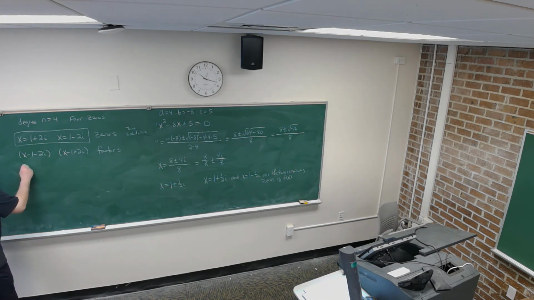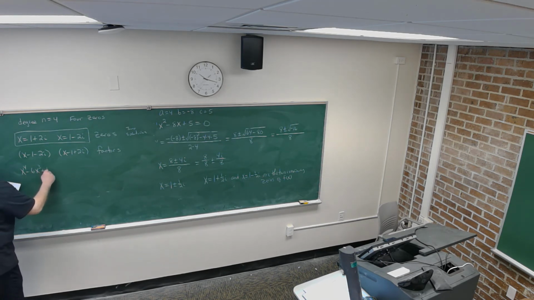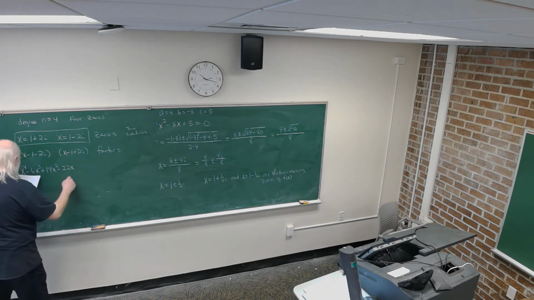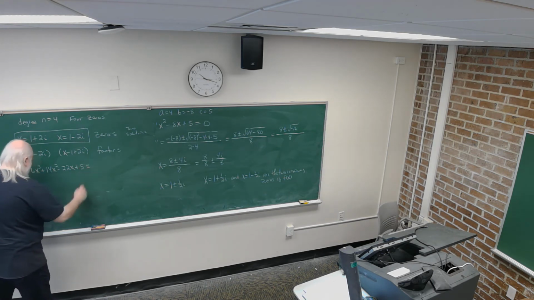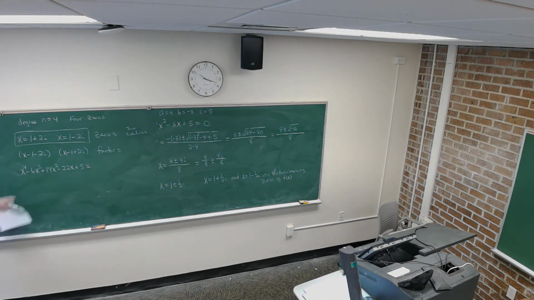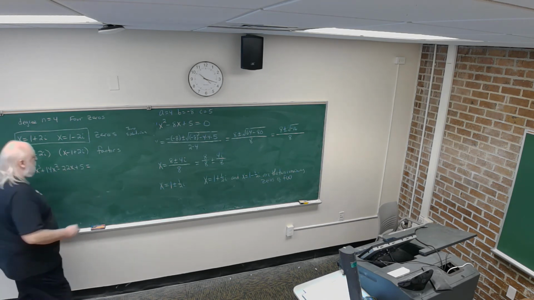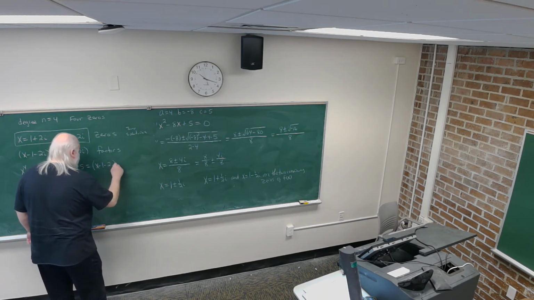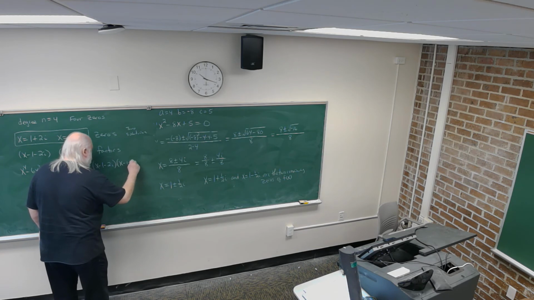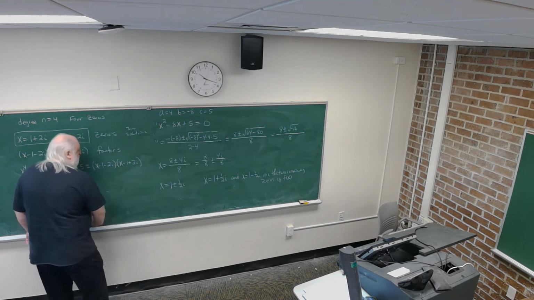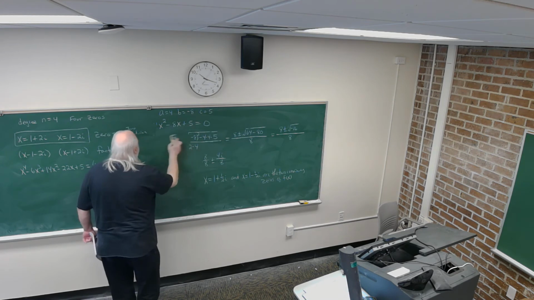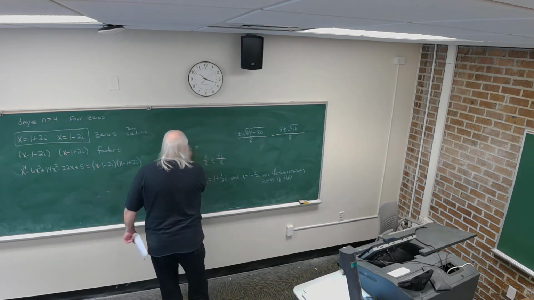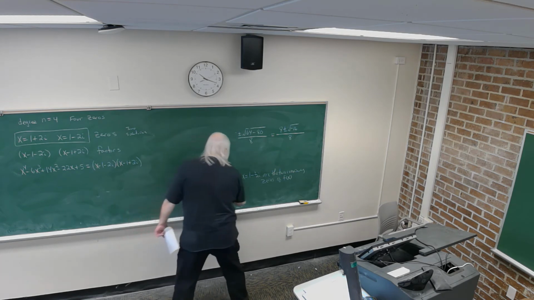So x to the 4th minus 6x cubed plus 14x squared minus 22x plus 5 is equal to this factor times this factor times an unknown quadratic called q of x.